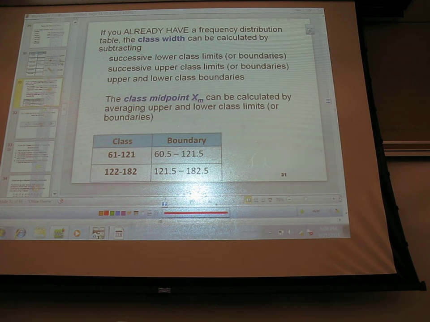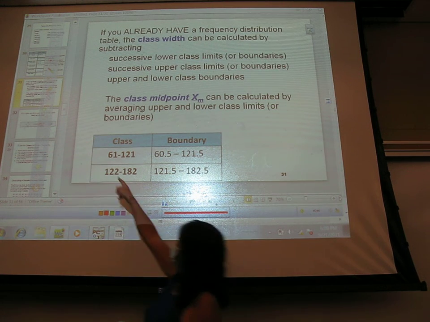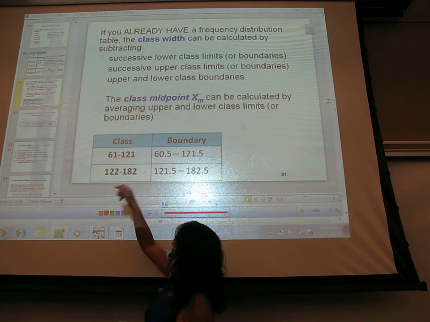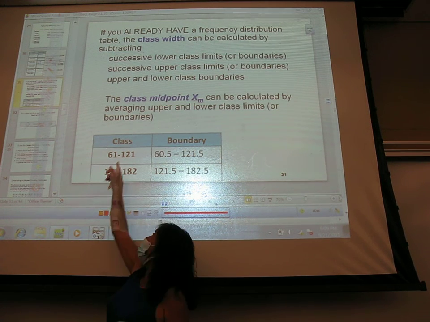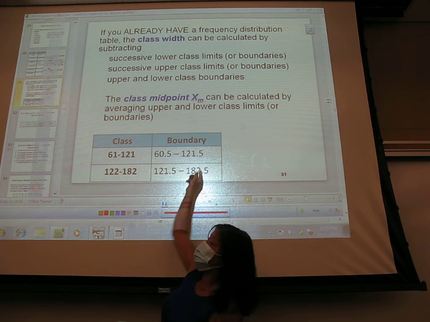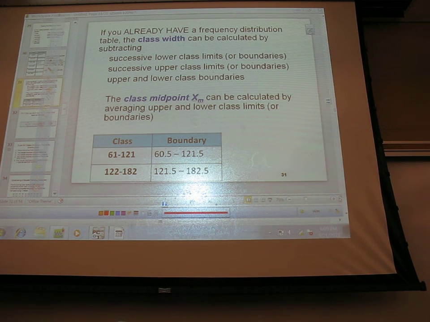Take two consecutive classes, two classes in a row, and you can subtract their lower class limits, their upper class limits, their lower class boundaries, or their upper class boundaries, and you'll get the same thing. You'll get the class width every time. I'll prove it to you.